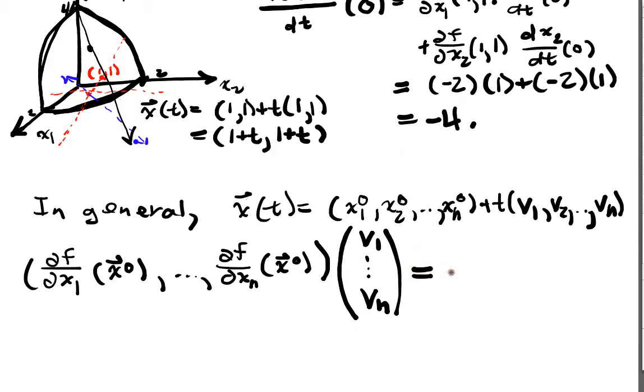And we set this equal to, symbolically, df at x naught dotted with v. So this is a vector, right? If I put all the partial derivatives at a particular point together in a row, then I have a vector, which I'll call the derivative of f at x naught.